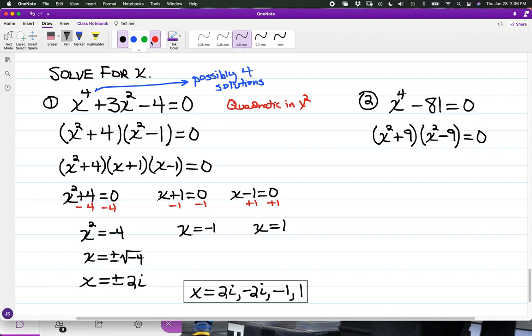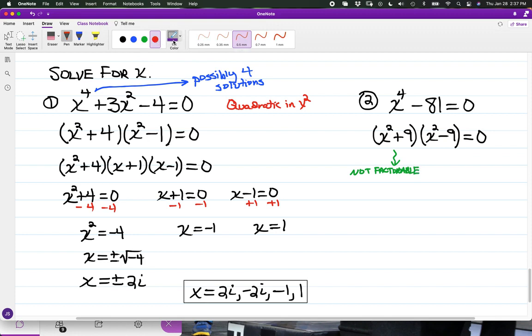Okay, and now I'm just going to mention, notice I could not factor x squared plus 4, but I could x squared minus 1. I'm just going to mention that sum of squares, this one is not factorable.